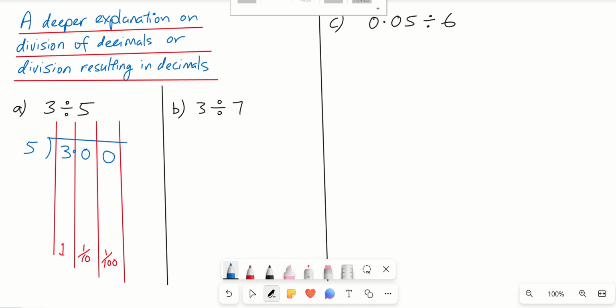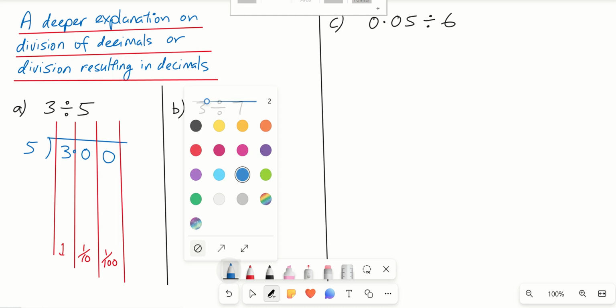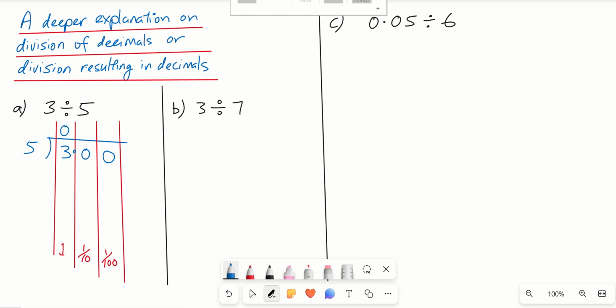Now let's go about dividing 3 by 5. We know that 0 5s go into 3. So this means we can't divide 3 neatly by 5. And so it'll be a lot easier to actually change 3 ones. This is 3 times 1, which is exactly the same as 30 times 0.1.